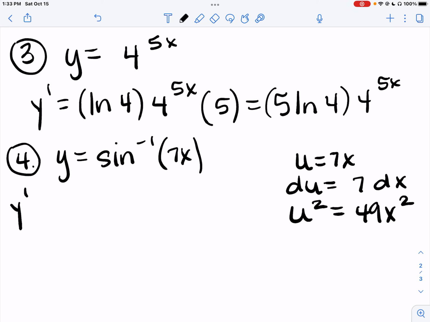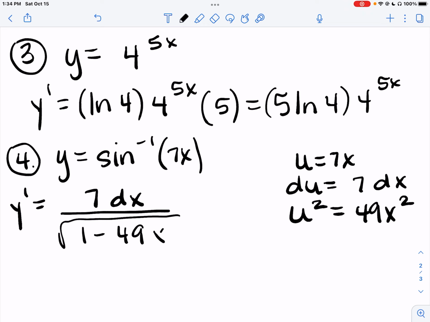Okay, so for this one you put du over 1 minus u squared, which is 49x squared.